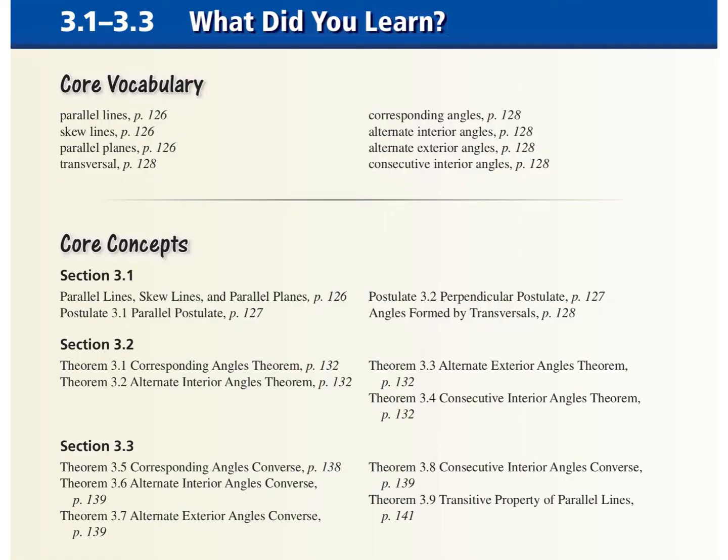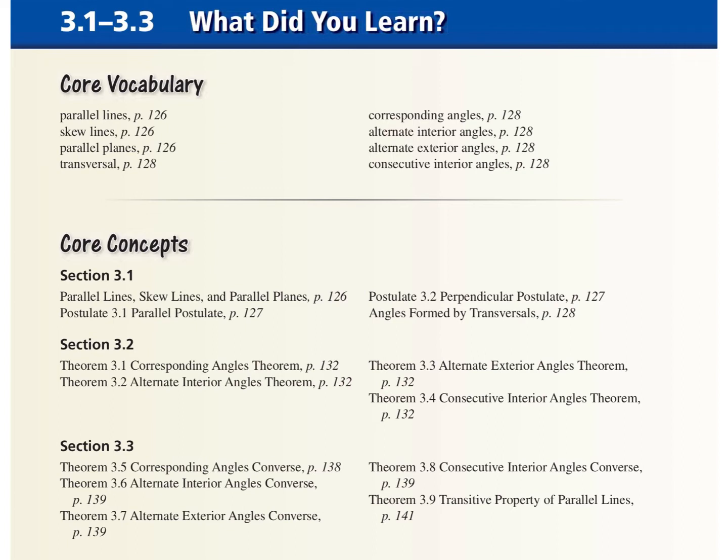Okay, so on Canvas, I have posted a study guide. Now, this is just a screenshot from your textbook. You can access your e-textbook, but this sort of gives you an overview of all the vocab that we covered in sections 1 through 3, and it also has the core concepts. So at the beginning in section 3.1, we learned about the different types of lines.